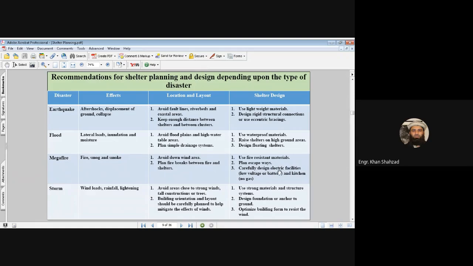Carefully design electric facilities, low voltage or battery, and kitchen without gas, no gas. These cylinders should not be allowed or permissible inside these shelters.